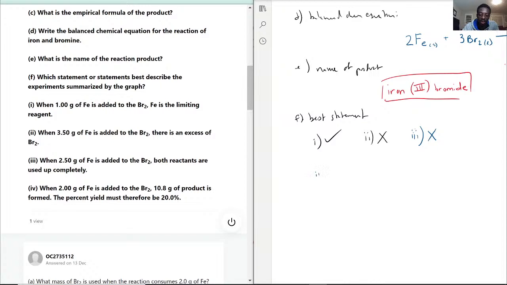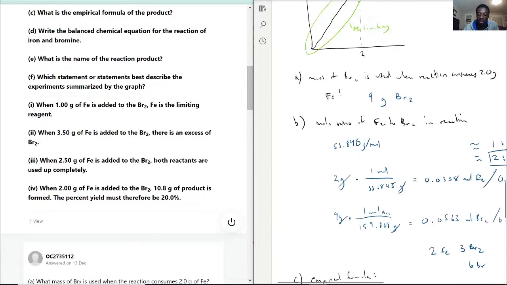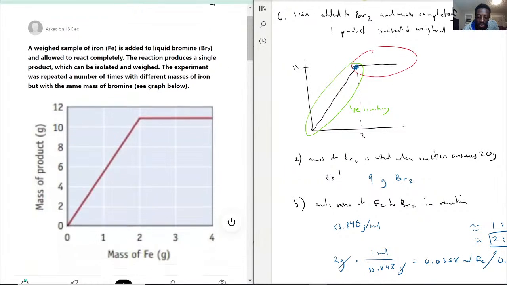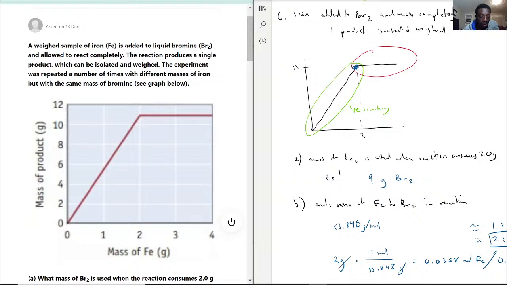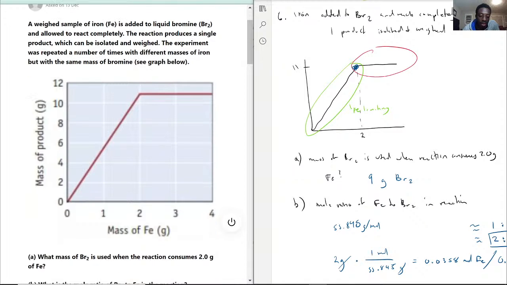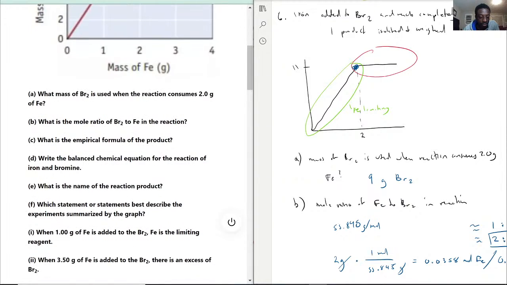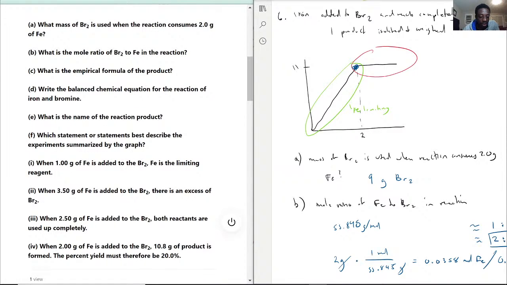And then number 4, when 2 grams of Fe is added to Br2, 10.8 grams of the product is formed. The percent yield must therefore be 20%. So let's see here. It looked like 11 to me. Maybe it is just 10.8, which would make a lot more sense if my math looked a little bit off. But nonetheless, we have 10.8 grams of product formed.